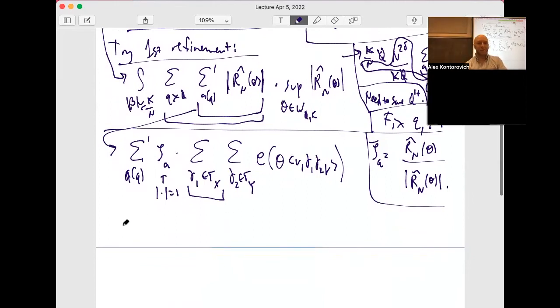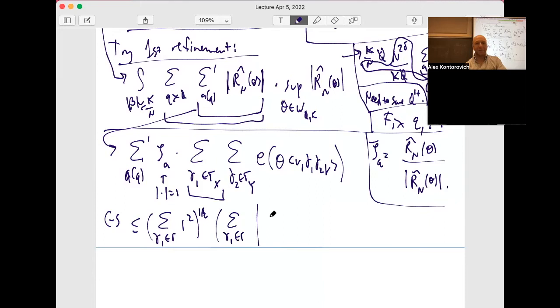All right, let's do Cauchy-Schwarz in the gamma 1 variable. So I have a sum over gamma 1 in gamma of 1 squared, to the 1/2, times a sum over gamma 1 in gamma of everything else squared: A mod Q and gamma 2 in gamma Y, E of this stuff, norm squared, all to the 1/2.